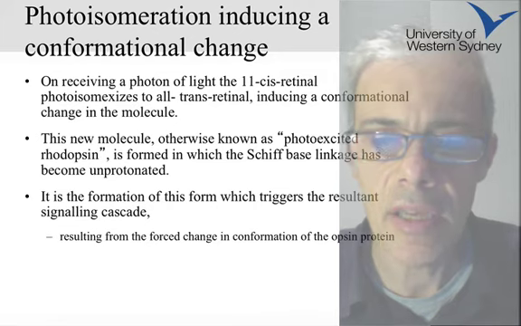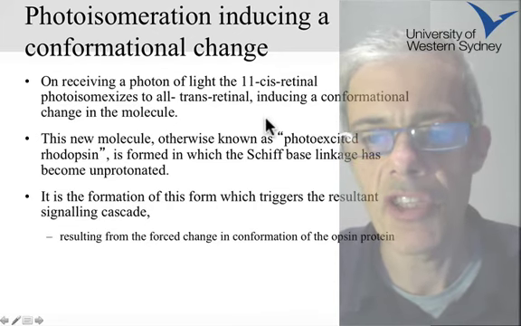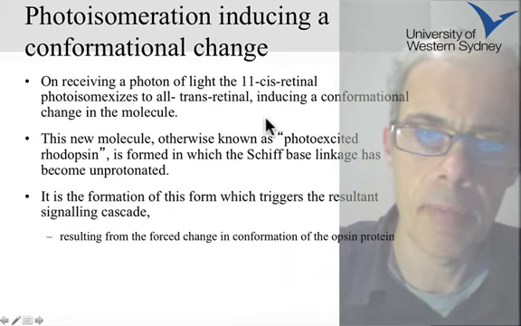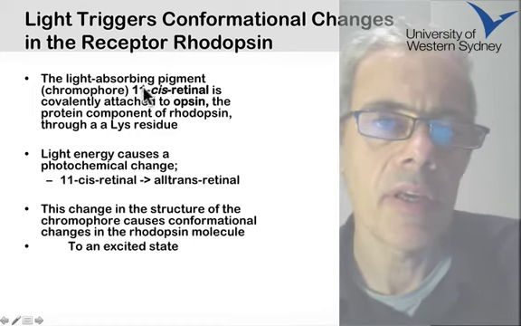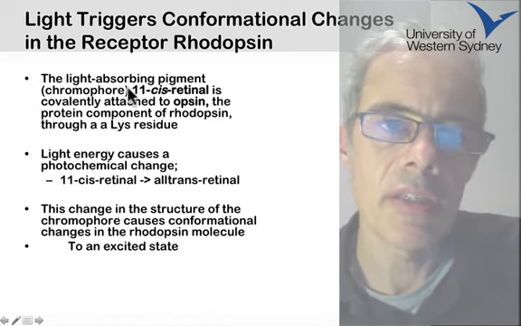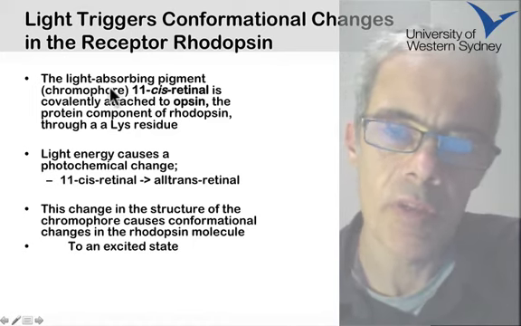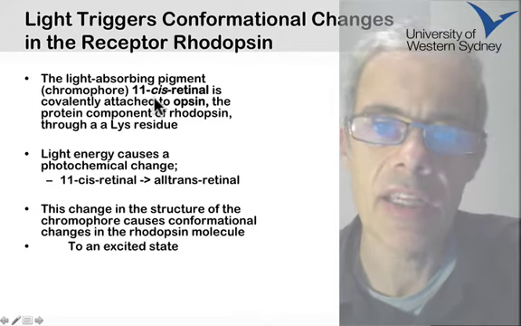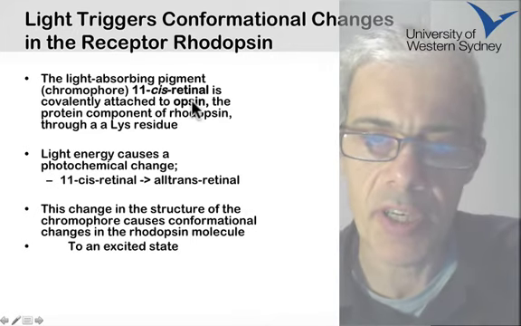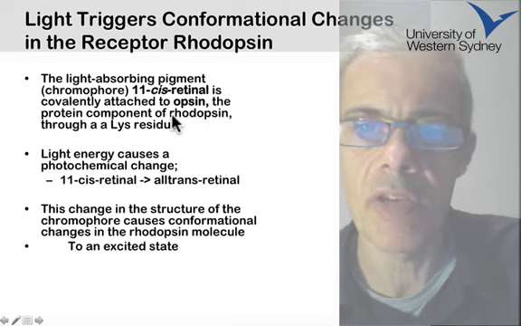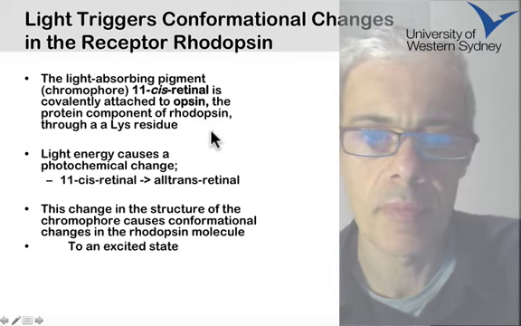And effectively, this causes a conformational change in the opsin protein. So effectively, the 11-cis-retinal is a chromophore which can absorb light, and it's covalently attached to the opsin protein. And together these two make up the rhodopsin receptor.